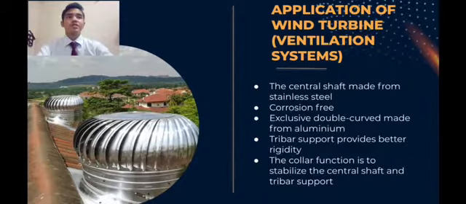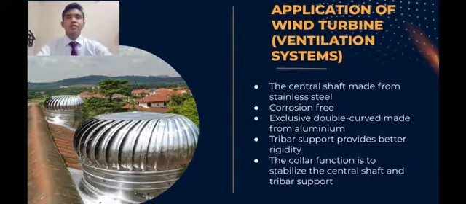A technologically advanced single bearing system for self-centering with stainless steel balls allows for trouble-free movement regardless of wind velocity, as the rotaries can turn by the stack effect of rising hot air. Next, exclusive double curve aluminium vents specially designed for weatherproof durability, maximum wind-driven efficiency, and range span.